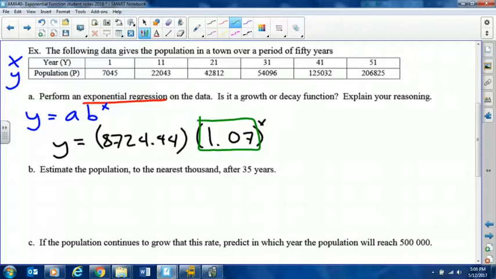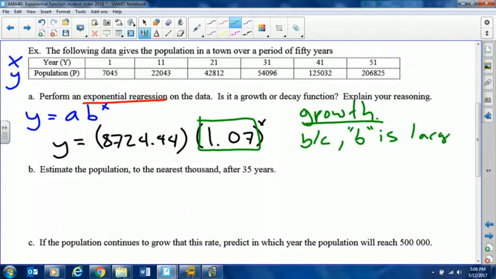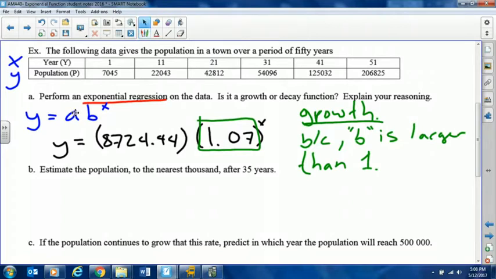In this case we have 1.07, so this is a growth function, because b is larger than 1. So there's your answer to it.